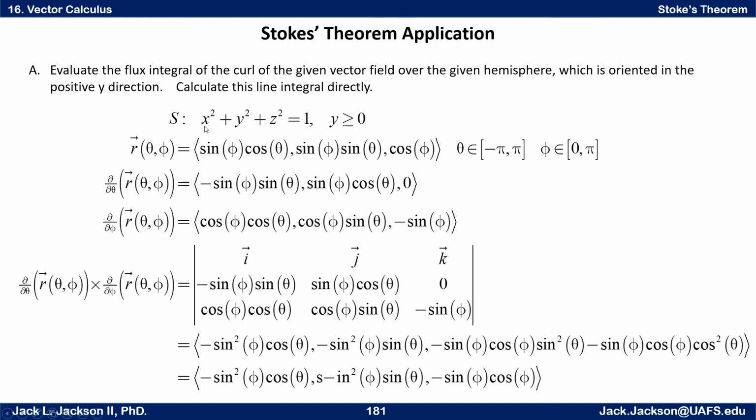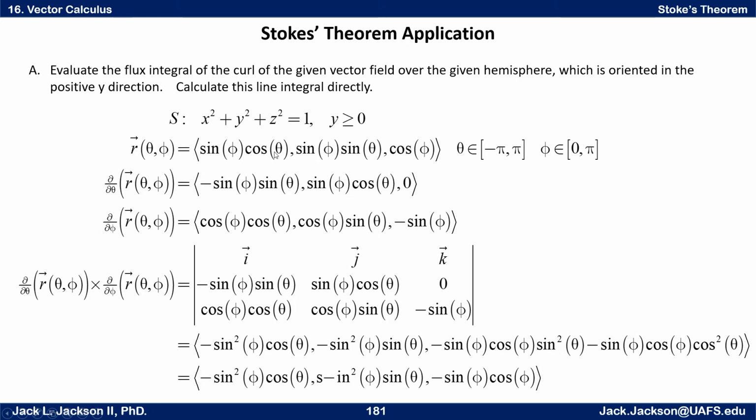So remember from polar coordinates, if we go out to a sphere, x is rho sine phi cosine theta, but rho is 1 because we're on the sphere.